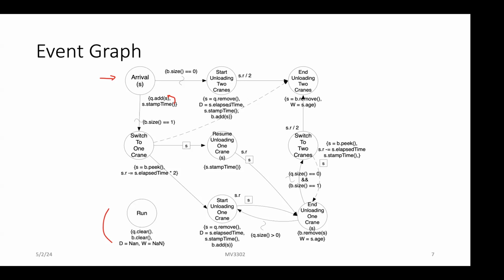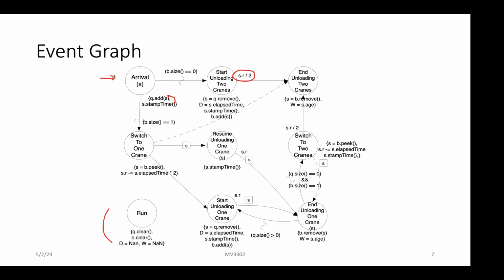Then we can get our delay in queue as the elapsed time because we stamped it back at arrival. And now we can schedule the end of unloading with two cranes, and R, for some reason I called it R, is the unloading time. Because we're working with two cranes, our unloading time is half as much as it was before.